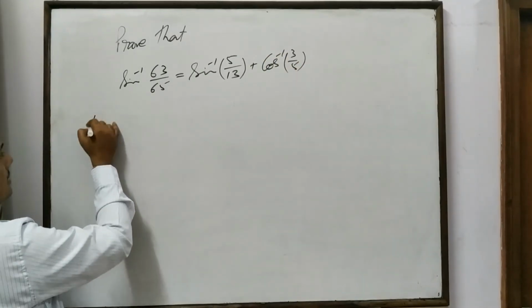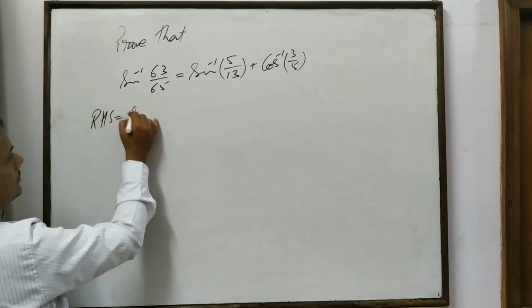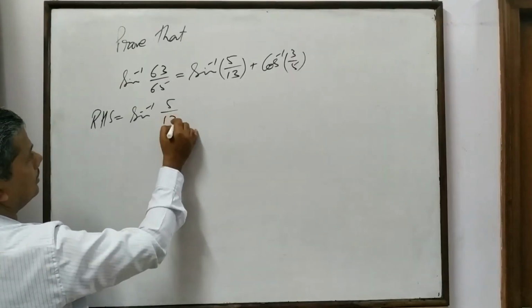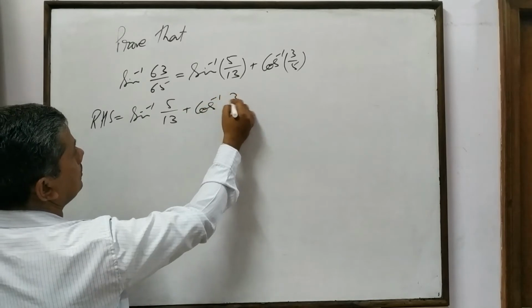Now right hand side: you have sine inverse 5 by 13 plus cos inverse 3 by 5.